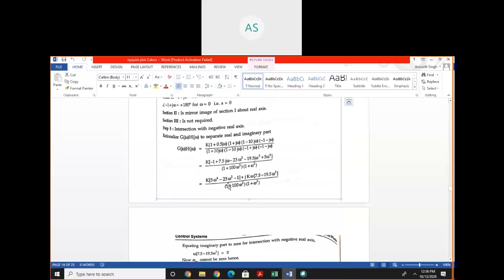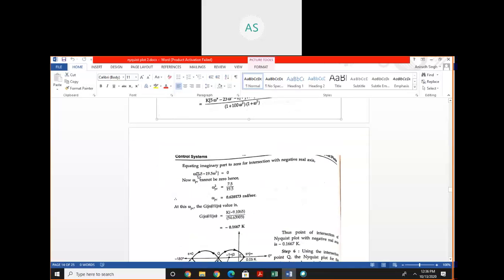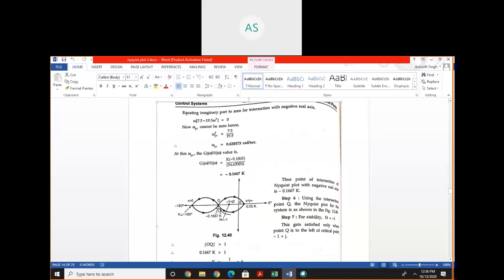Clockwise rotation means this is the clockwise rotation. So this is the polar plot of the given open loop transfer function, and this is the mirror image of the polar plot. Then we rationalize this equation for the open loop transfer function, and set the imaginary part equal to 0.